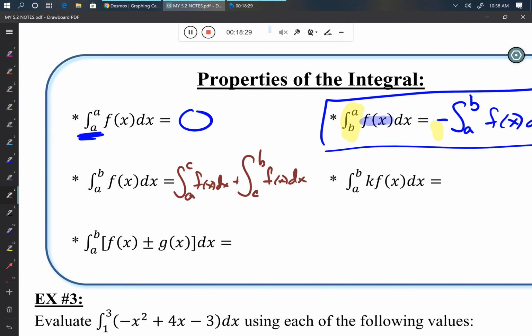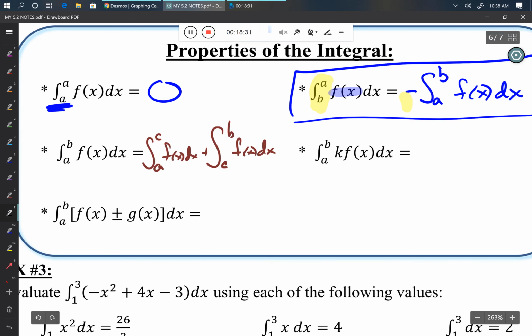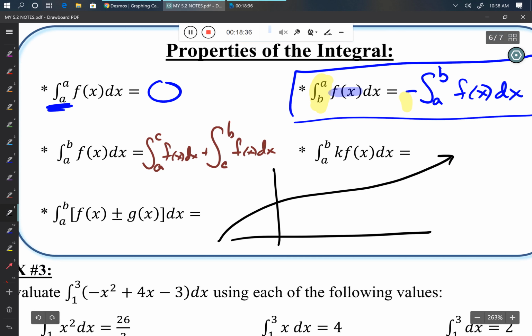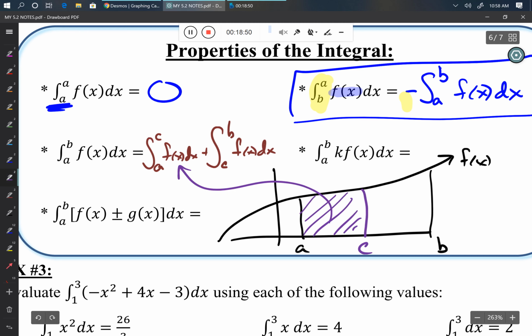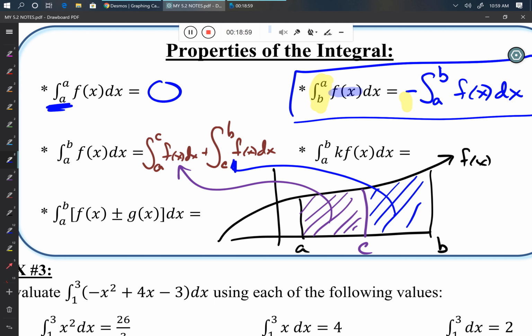Oh, if I want to, I can take an integration problem that starts somewhere at a and stops somewhere at b, and if I want to, I can split it up by picking a c in the middle, find this piece, that would be the integral from a to c, then find this piece, that would be the integral from c to b, and then when I add those two together, I'm going to get the value of the integral from a to b.